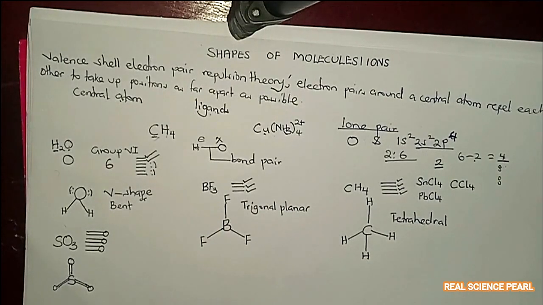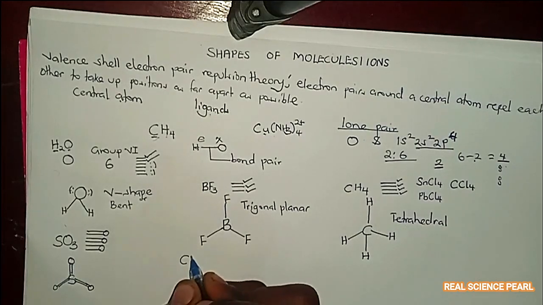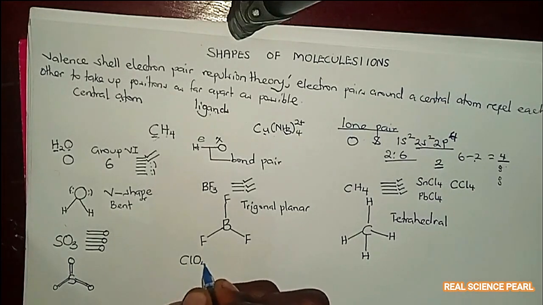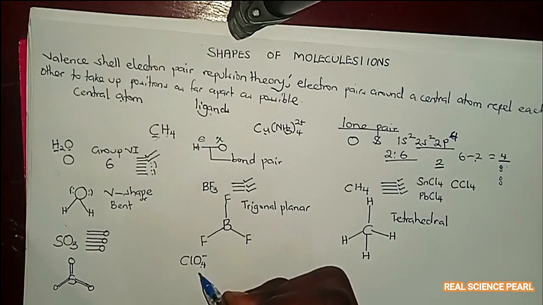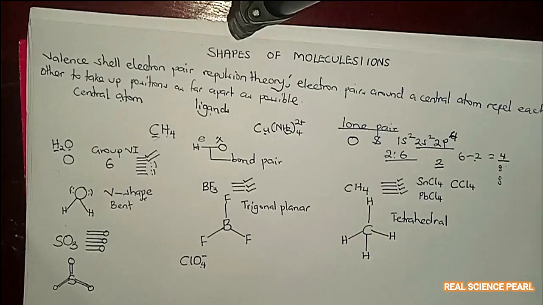Now let's sketch one for group 7. Yes, let's have it in ionic form. Now what you can see here, it means we have 4 oxygens, but one didn't use its valence.